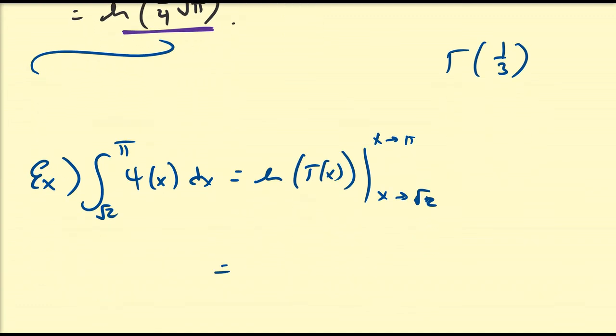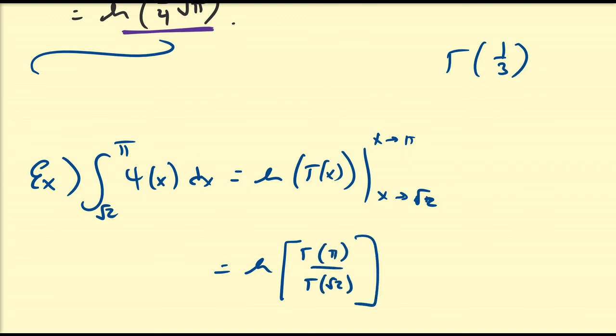So this is just going to be equal to the natural log of gamma of pi divided by gamma of the square root of 2. And if you know what the closed forms of those things are, then that would be wonderful. But currently we don't. So we can just leave that as the closed form representation.